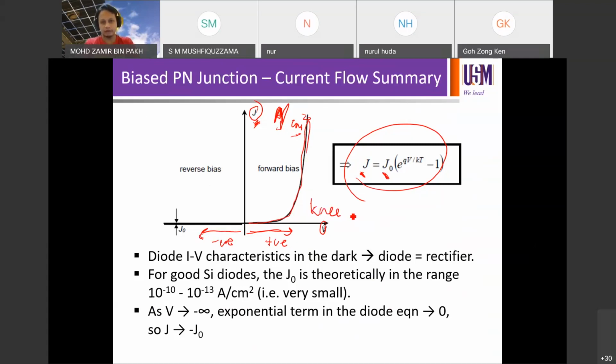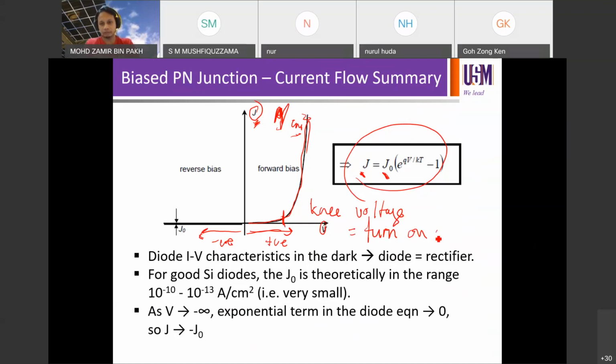Have you ever learned about knee voltage for silicon and others? No? For silicon, the turn-on voltage, right? The turn-on voltage for the diode, because remember this is a diode law.